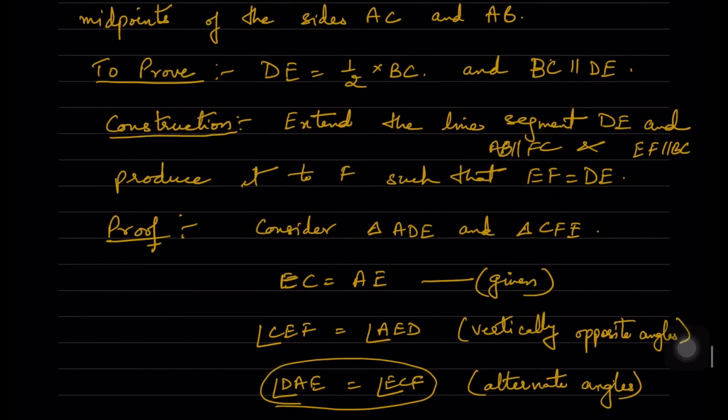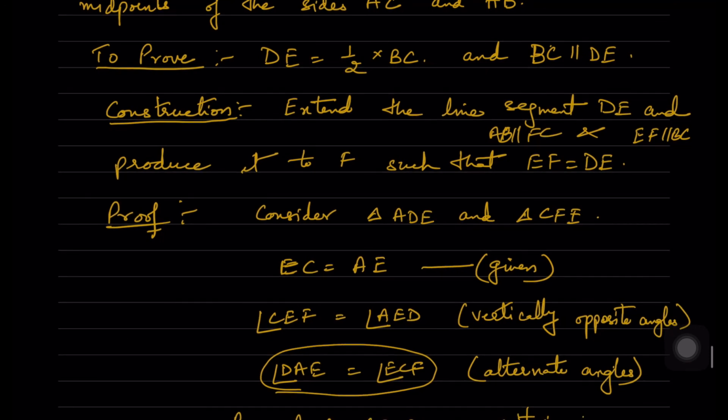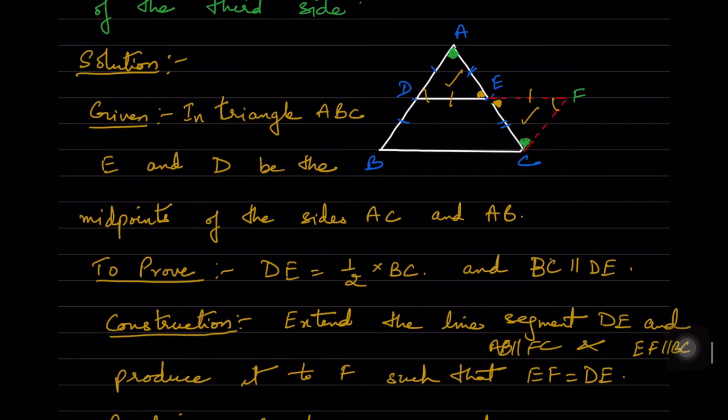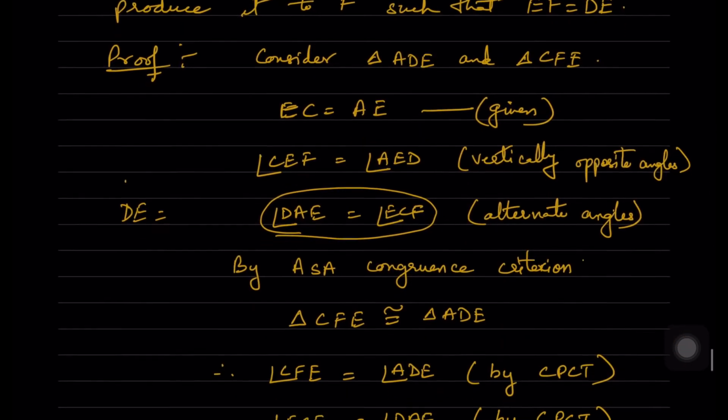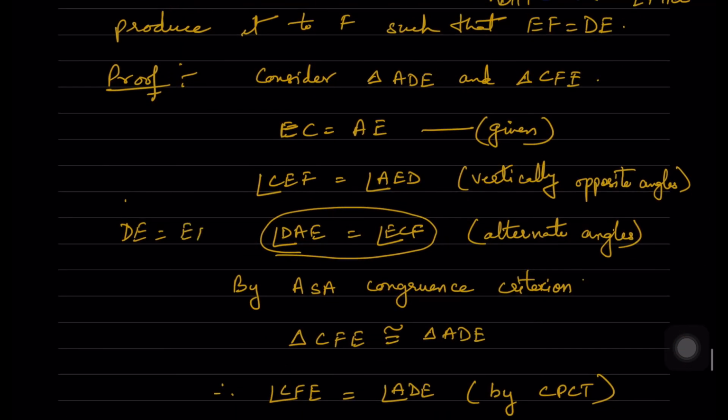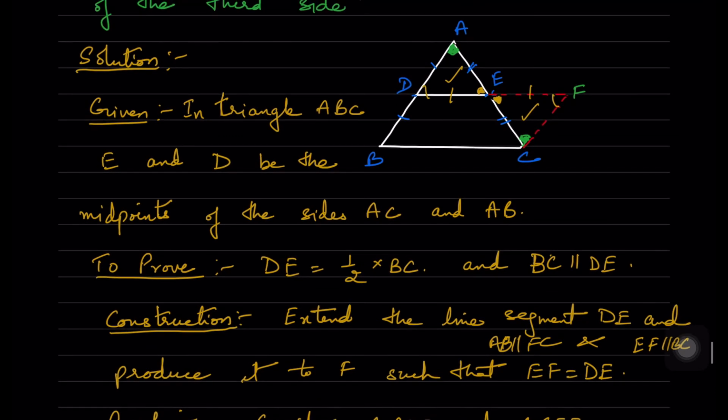So we can tell from SAS, we have this one as the vertically opposite angles. We have this line equal to this line, that is DE is equal to EF. Here I am writing all three conditions. Angle DEA is equal to angle CEF.